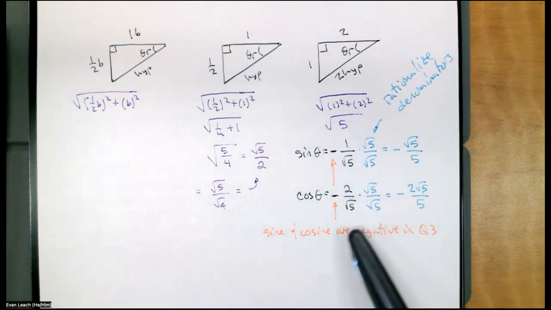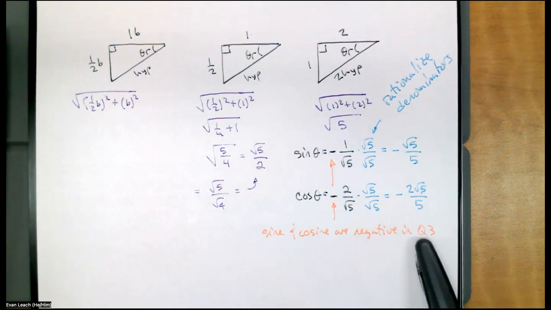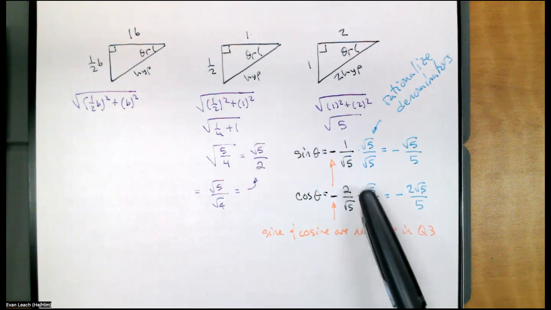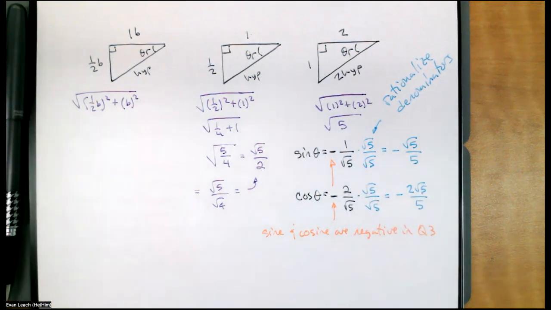So I did 2/√5 and I marked it negative because we're in the third quadrant and cosine is negative in the third quadrant. And then I rationalized, multiplied by √5/√5 because this problem has no radicals show up in the denominator. So everything's been rationalized. Any questions? Everybody okay?